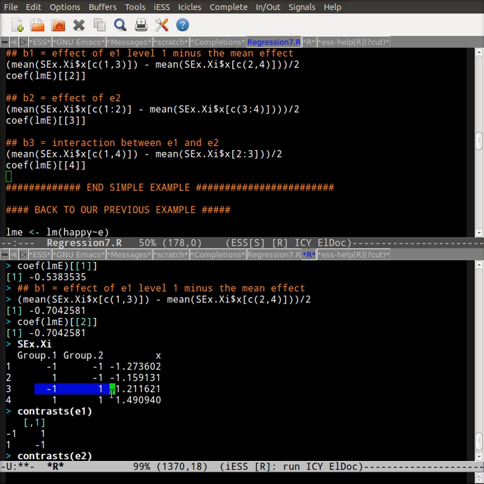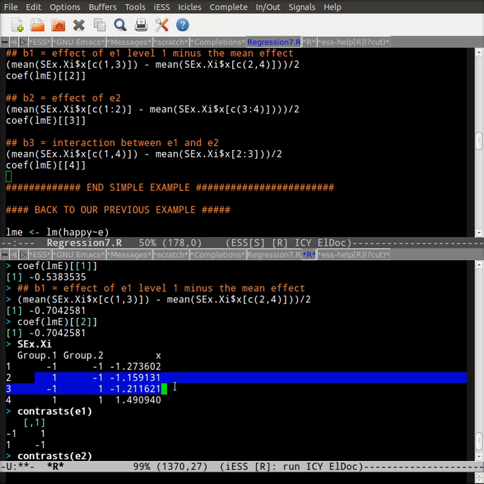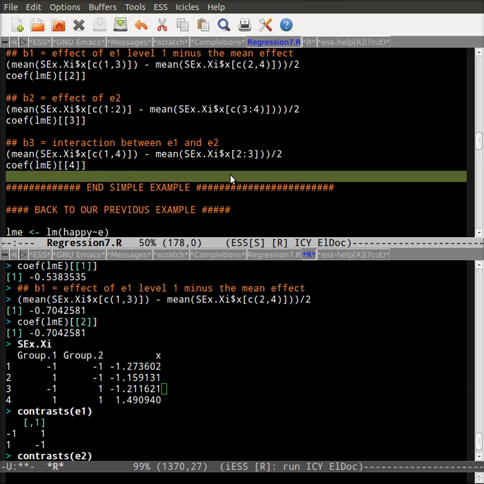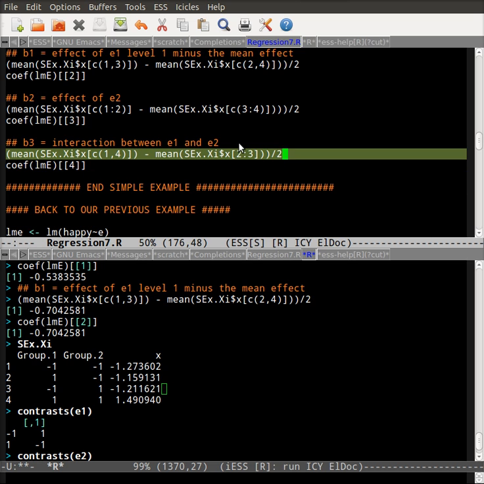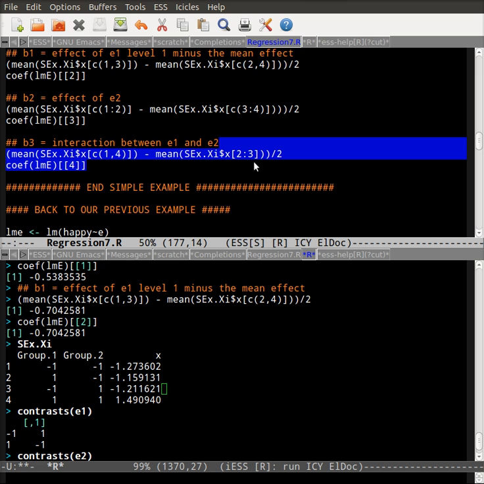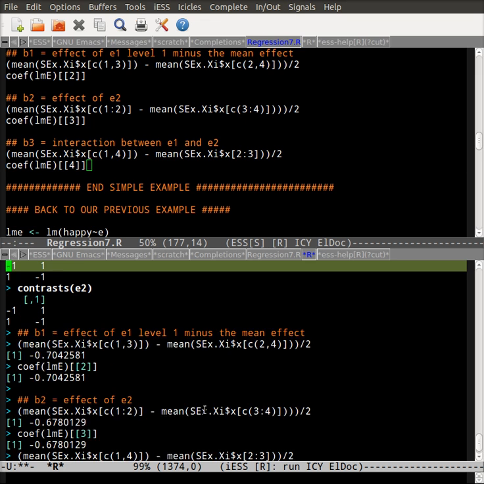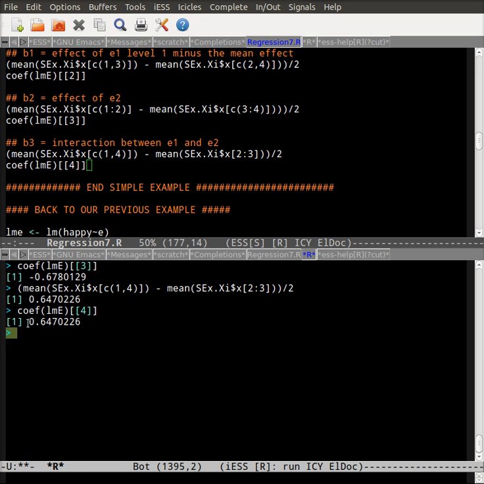So with that logic, we would take the mean of this value and this value, and then subtract out the mean of these two. And then again, we calculate this by taking the mean differences, so this is the mean of means for these, and the mean of means for these, and divide by 2, and sure enough, when we get that, we get our interaction.